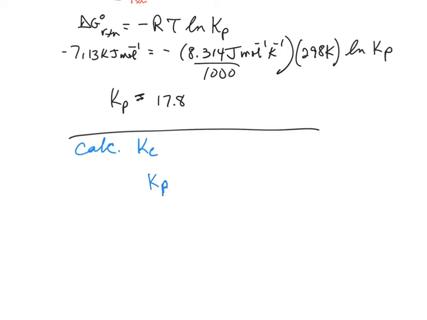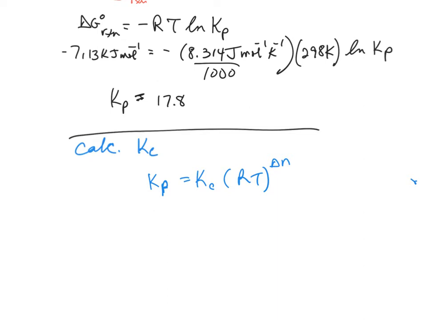Kp is equal to Kc times RT to the power delta N. So then R, if you recall, is 0.08206. It's important that you use that. And if we want to get Kc, we're going to have to solve for it.